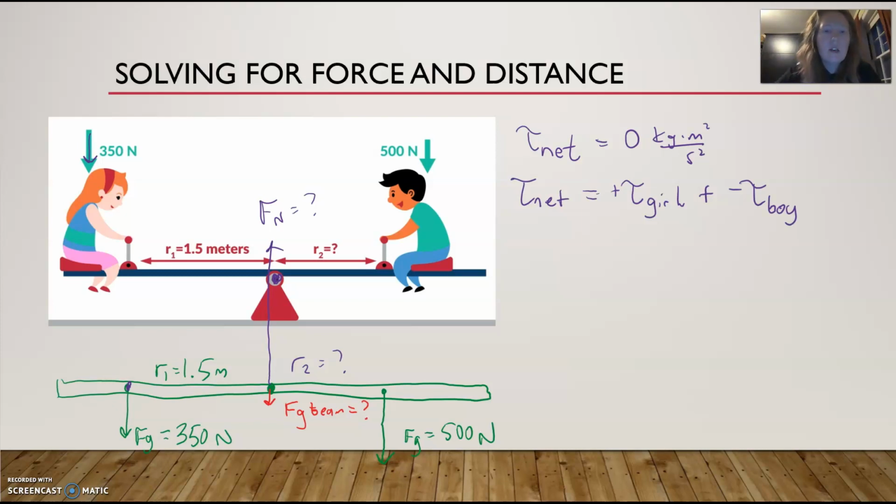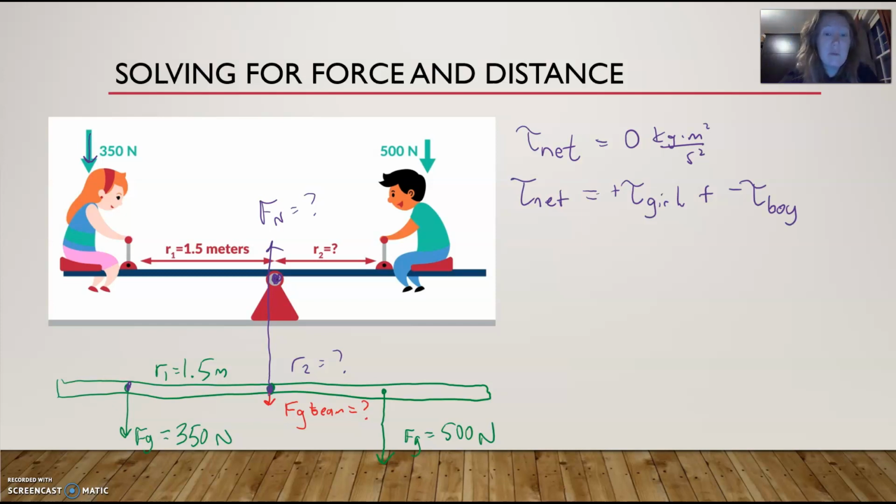Okay, so I am choosing this perspective because I don't know the weight of this beam. So that's a convenient place to put my axis, my reference point, because I don't know that force.